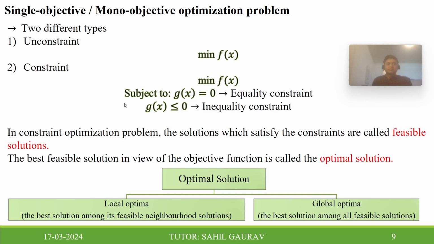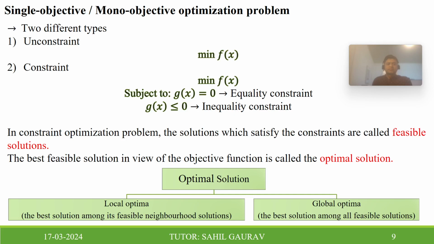And in this assignment, I think the single objective optimization problem has been discussed. Until here, the questions have been asked in the current assignment. For single objective or mono objective optimization problems, there are two different types: unconstrained, that is minimize f(x), in which there is no constraint for this type of optimization problem, while in the constrained optimization problem, you have to minimize the function subject to constraints, and these constraints may be of equality nature or inequality nature.